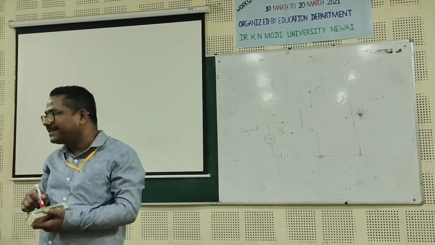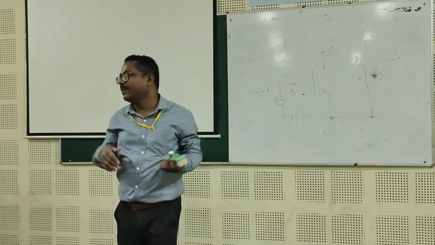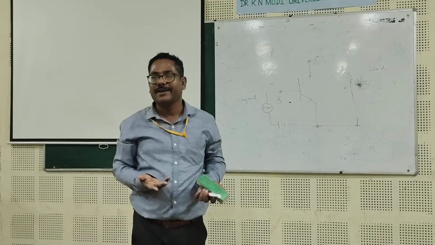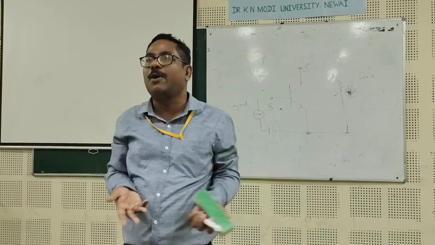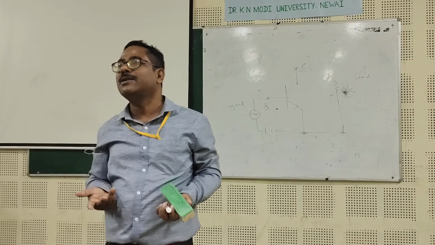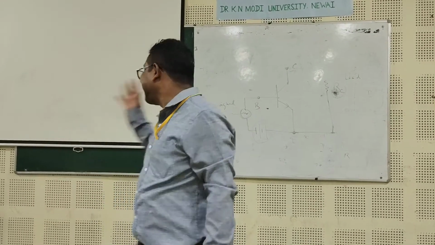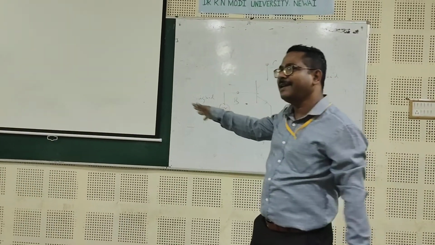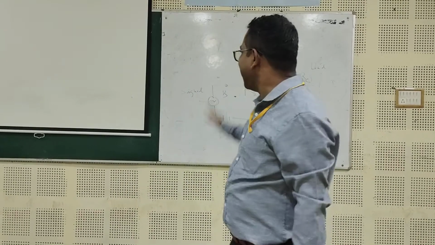Similarly, if the base terminal is made common, then it will be called a common base amplifier. And if the collector terminal is made common to both input and output circuits, then the amplifier will be called a common collector amplifier. Depending upon which terminal is made common to both input and output, we name them.